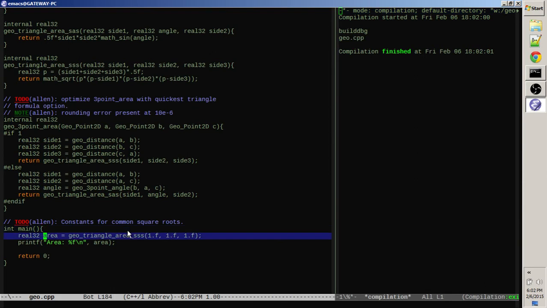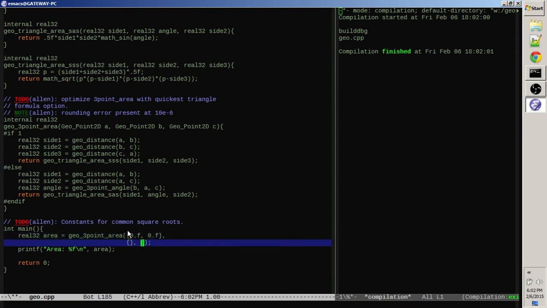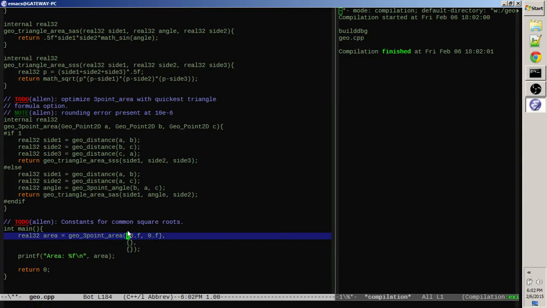Cool. So let's try this version of the 3-point triangle area. I want to see if I can do this without naming the geo point, because normally I put geo point 2D right there. I want to see if I can skip that. Let's start with 0, 0. 1.